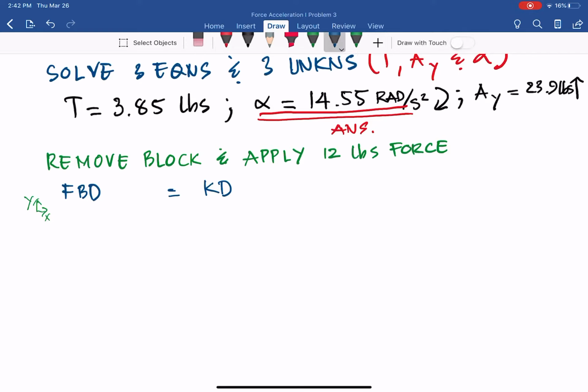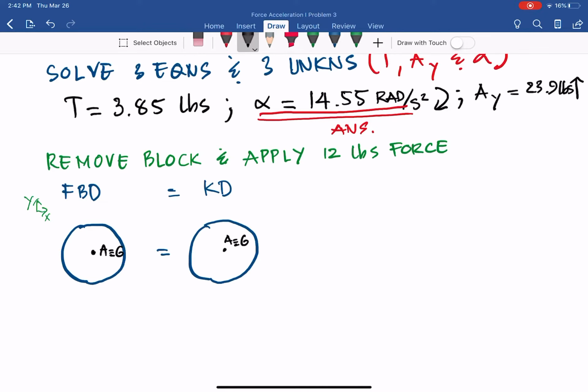This is only the drum, no more block, equal to drum, and we also have the same center of mass A, also G.